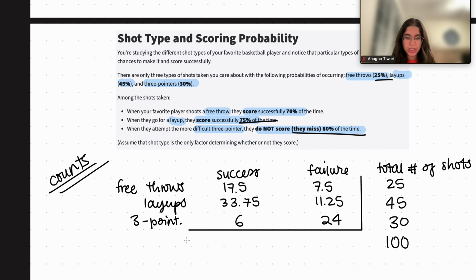And then to find these totals here, we just have to add up the corresponding columns. So the total number of successes in all of our 100 shots is going to be 57.25.